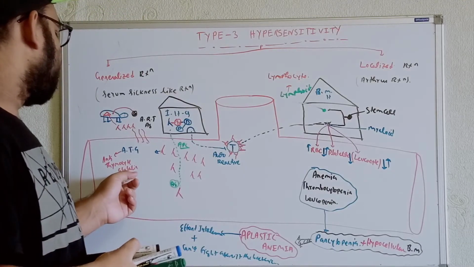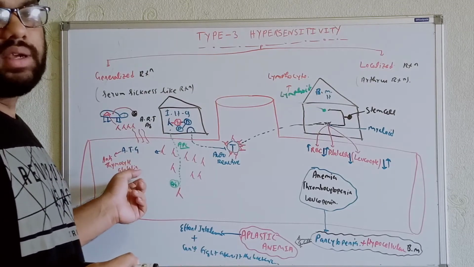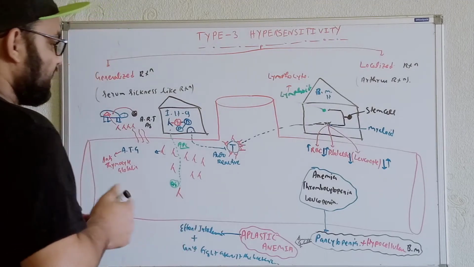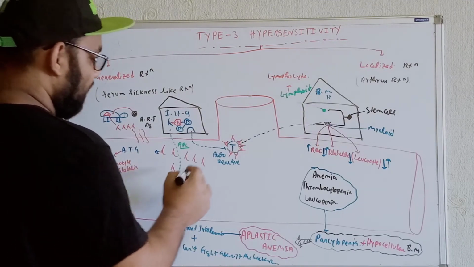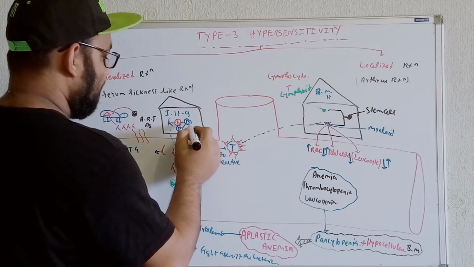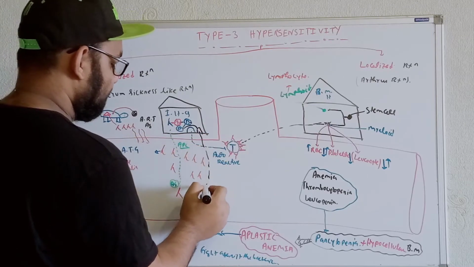We will get the autoantibody against the anti-thymocyte globulin. For example, I am showing the antibody that is produced against the anti-thymocyte globulin with the black color over here. So we will get activation of these things. This plasma cell is activating this one, so we will get the antibodies that will come over here.